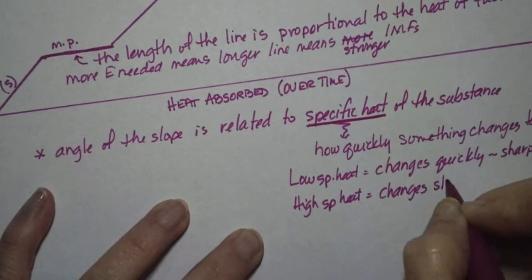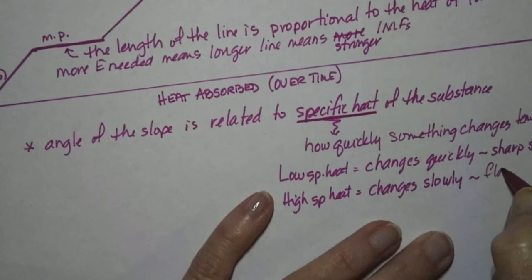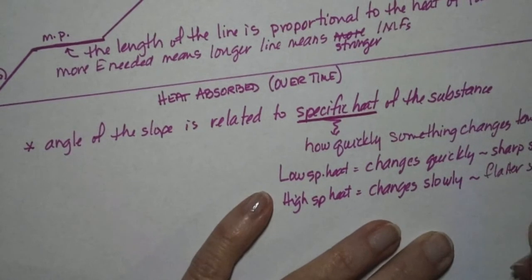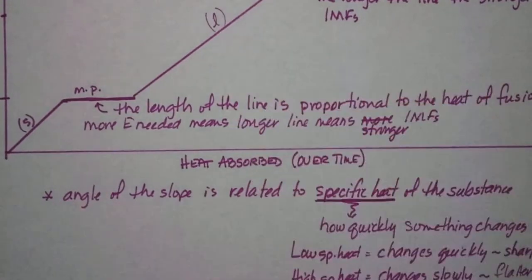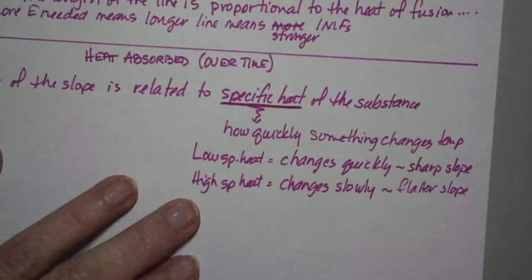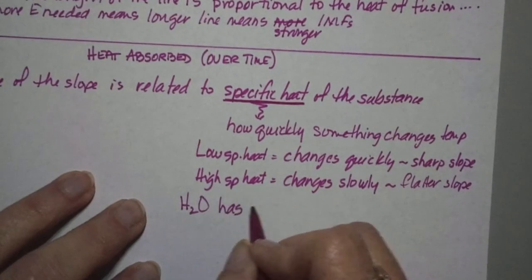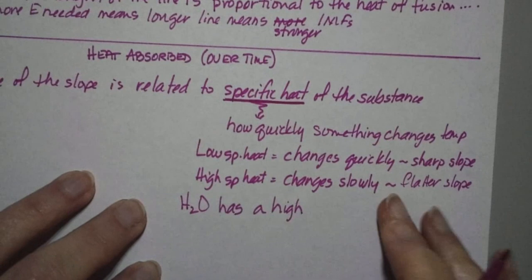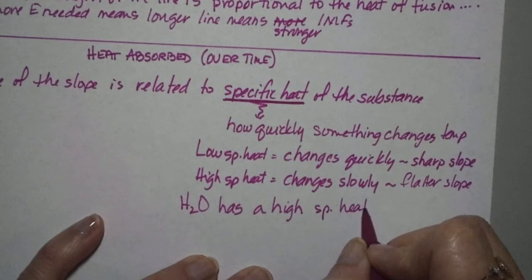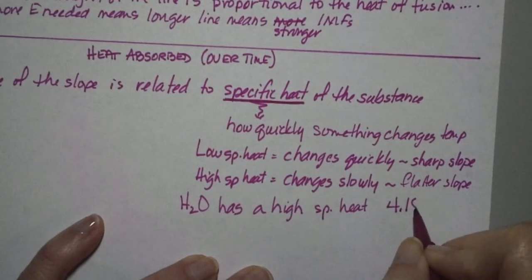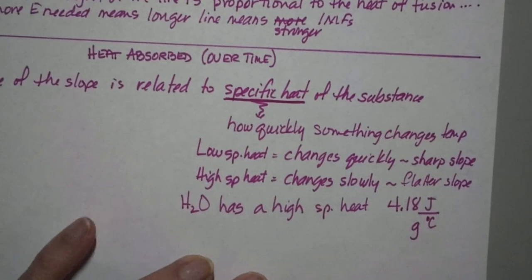So you have a little bit of a flatter slope. If this is water, that's considered a flatter slope. Most things have a much lower specific heat than water. And that's a capital C, by the way. Joule over gram degrees Celsius. Looks like an E. Let me fix it.